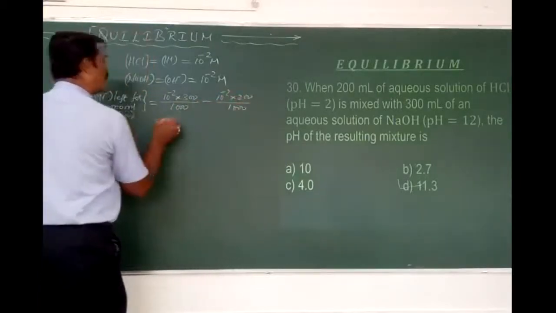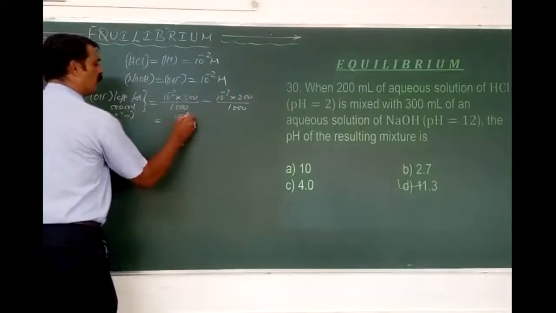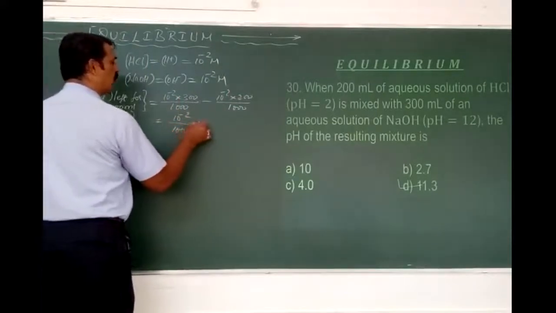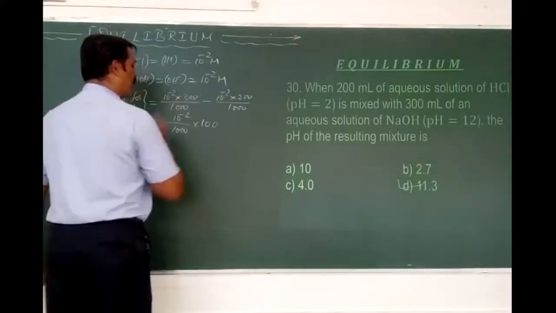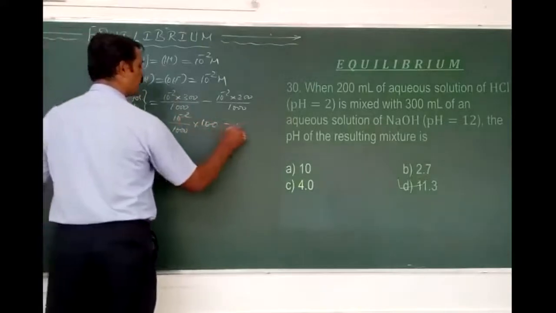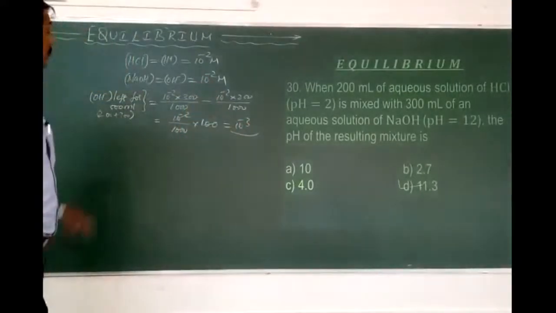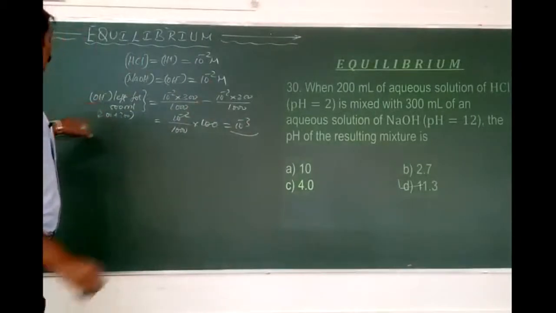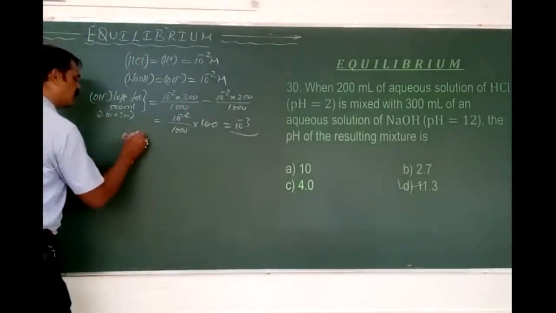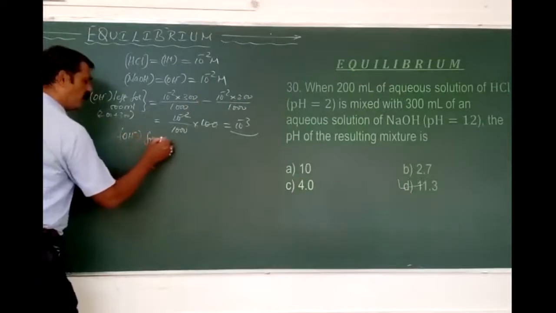If I simplify that, 10 to the power of minus 2 divided by 1000 is common, and the difference is 100. Therefore it is equal to 10 to the power of minus 3 for 500 ml.